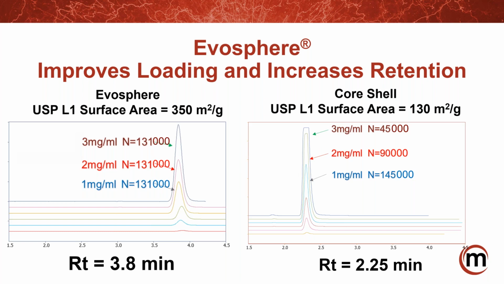Well, at a certain point, at 1 mg, 2 mg, 3 mg per mL, you start to lose the efficiency of the initial peak just because you don't have the loading capacity, that surface area that becomes such a benefit. Whereas here, the surface area stays consistent. You have that accessible surface area to load more and more into those pores. And so that really doesn't affect your efficiency, and you get a little bit more retention. Retention can be a key parameter, especially when talking about how to retain polar compounds in reverse phase, which we'll talk about later.